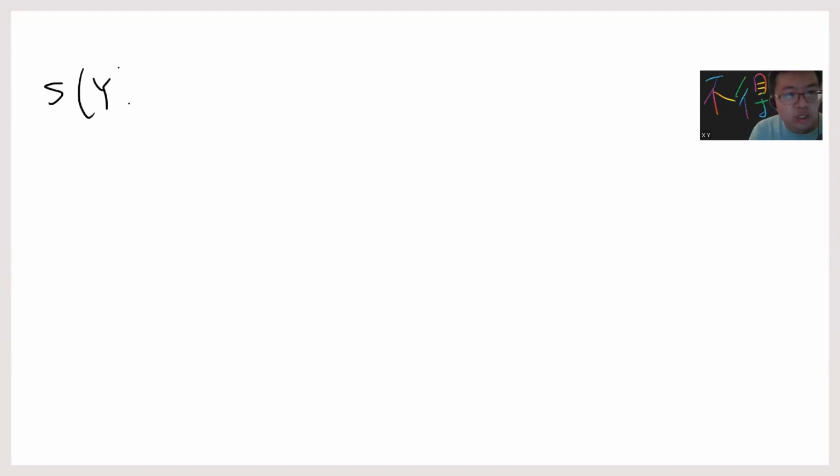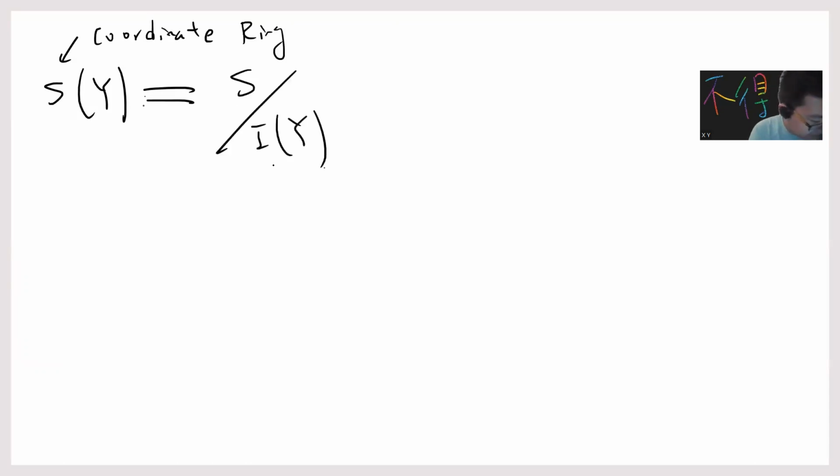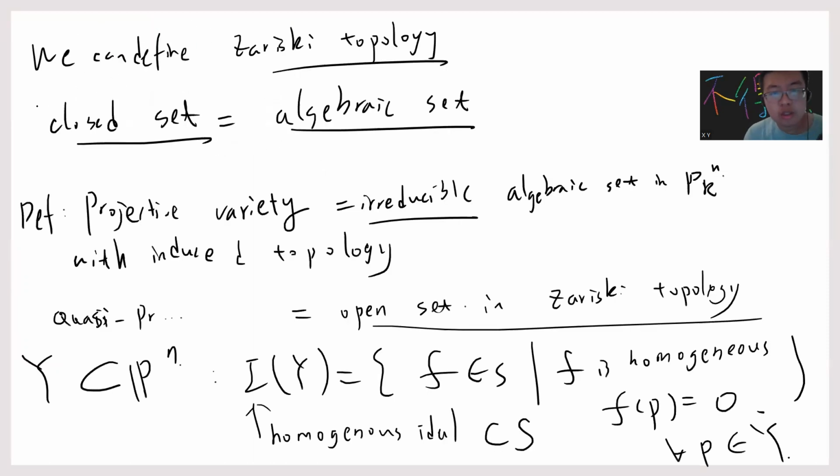One can define S(Y), the coordinate ring, as in the affine variety, to be the whole ring quotient I(Y). There are many properties that one can show, and if I have time, I can show all this to you. This is basically just a simple definition, nothing important.